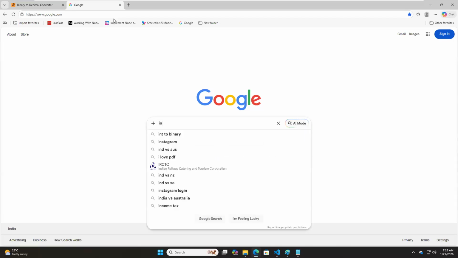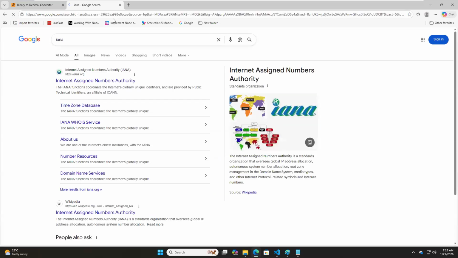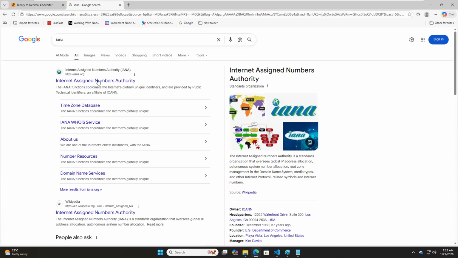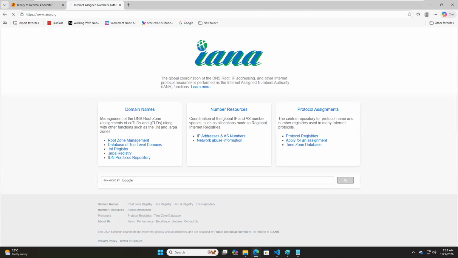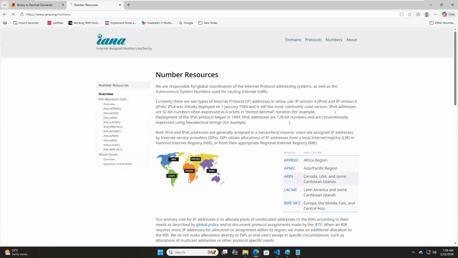So who distributes these IP addresses? There is an organization called the Internet Assigned Numbers Authority. They divide the entire world into 5 different zones. What are those zones? Here you can see the African zone, the Asia Pacific zone, and the American zone, that is Canada, USA, Latin America, that is South America, and the remaining nations like Europe and Russia and all those.